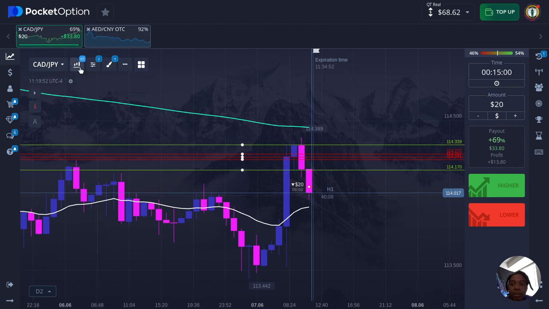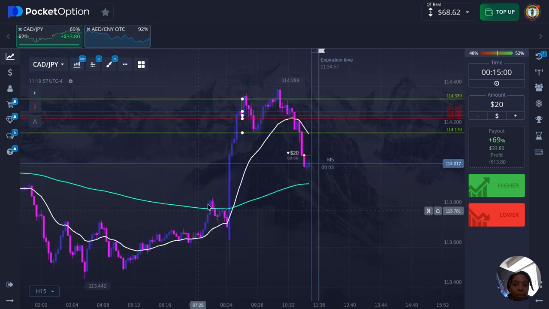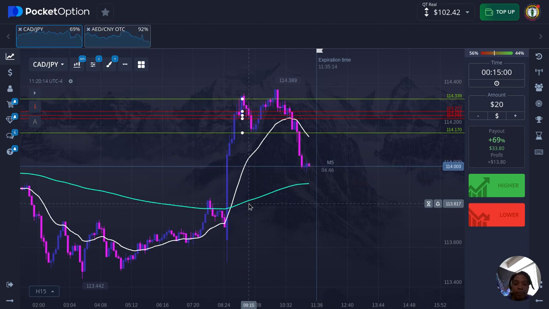Now let me show you something. Even though when we go to the 5-minute chart it's showing us that price is above the 200 EMA, you've got to understand that the lower time frames are never going to be as strong as the power of the higher time frame. If the 5-minute 200 is showing an uptrend, basically disregard that and go with what the hour is saying, because the hour, the H4 or the H1 is the overall trend, and the overall trend is always stronger than the small trend.